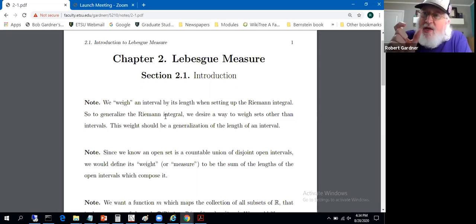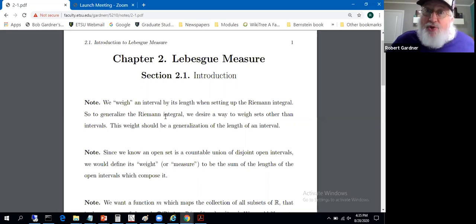They won't be little intervals anymore, they'll be little sets. So we won't weigh those sets by their length, we'll weigh them by their measure. And we want this measure idea to reduce to the idea of length so that we'll get Lebesgue integration to be a generalization of Riemann integration.